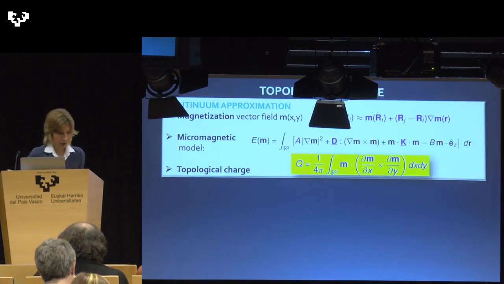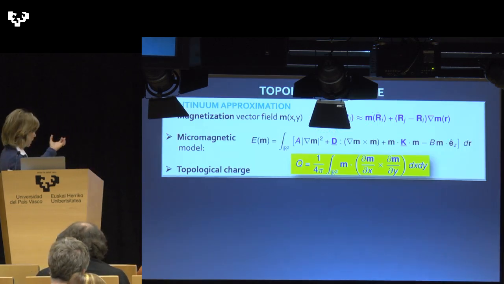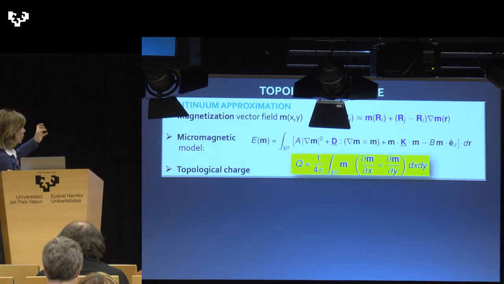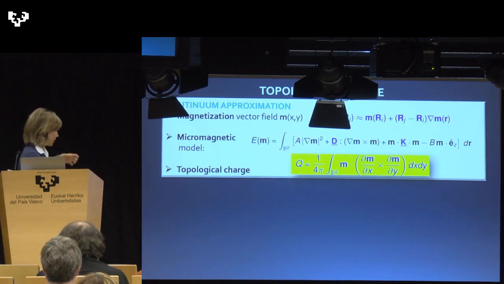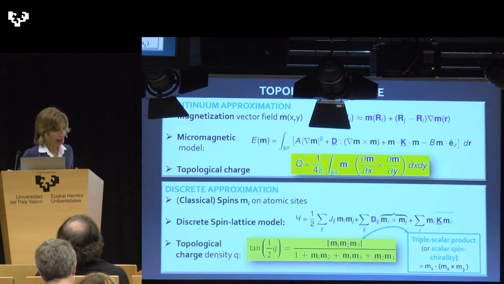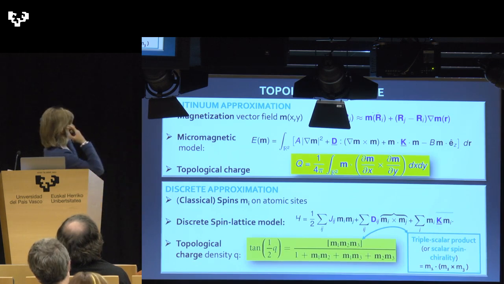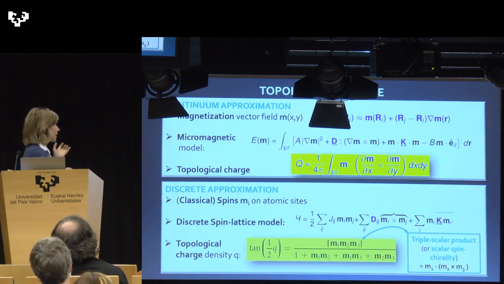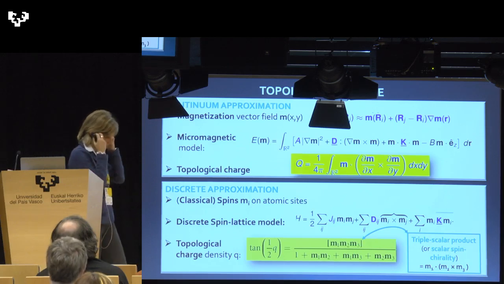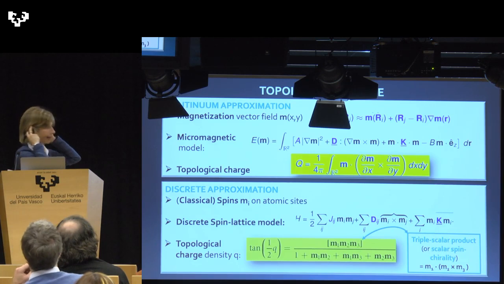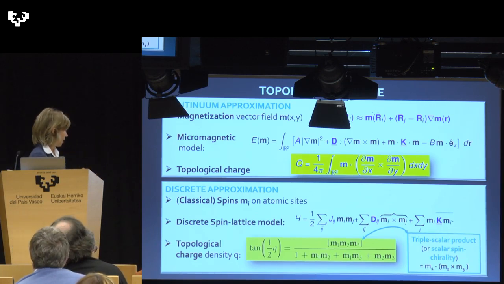So skyrmion are actually topological objects and are usually characterized by this topological charge, which in a continuum approximation is calculated in this way. Of course, we don't have a continuum model, so we have to discretize the system. The topological charge boils down to calculating the scalar spin chirality, a triple scalar product.